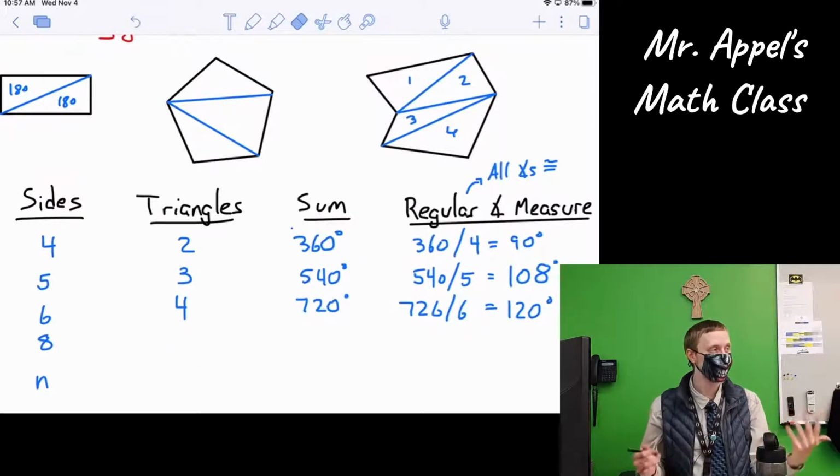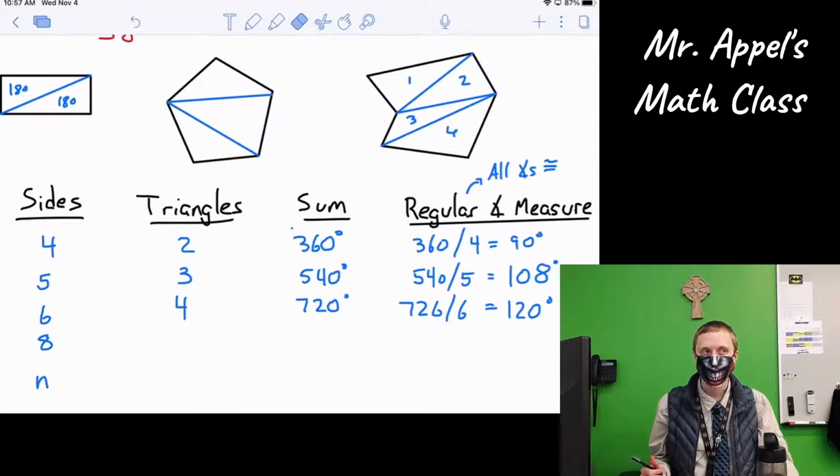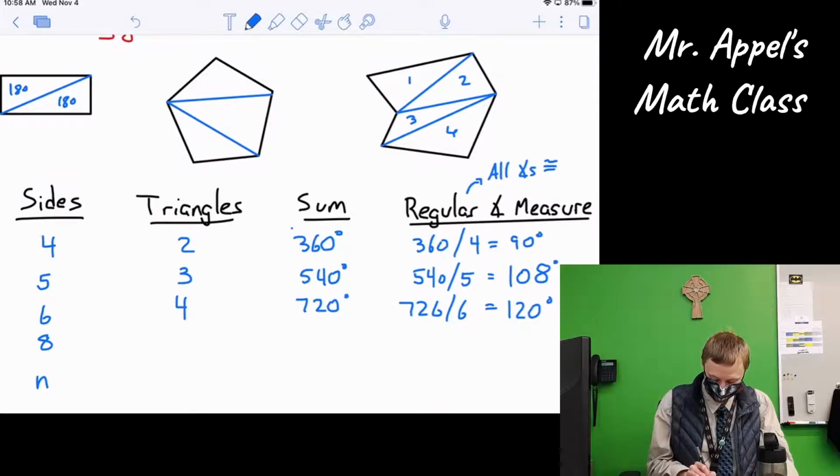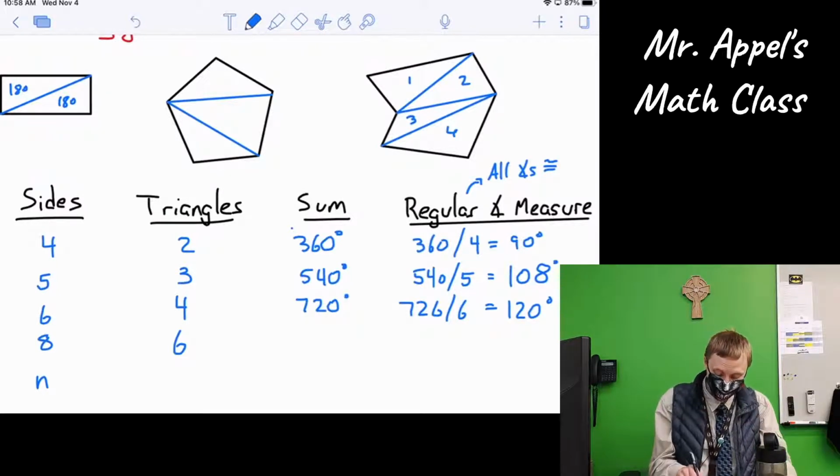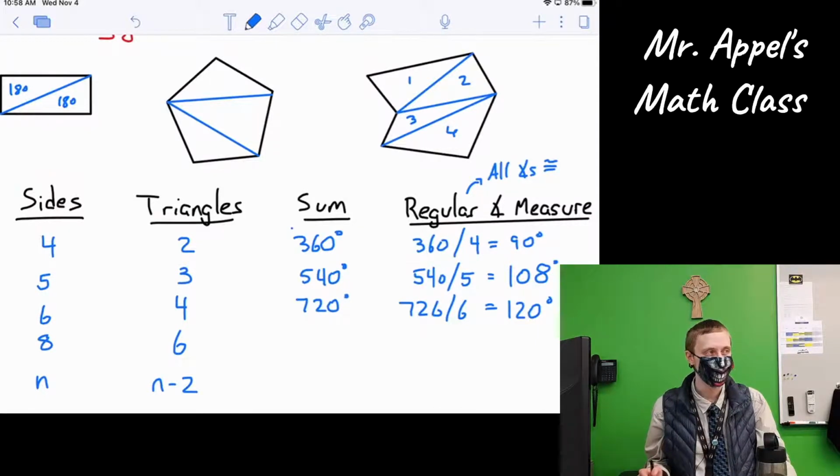Try it. Draw one. Draw an octagon. Divide it up into triangles. What do you get? Could it be 6? It would be 6, right? Because the general rule is however many sides you have, minus 2, is the number of triangles, right?